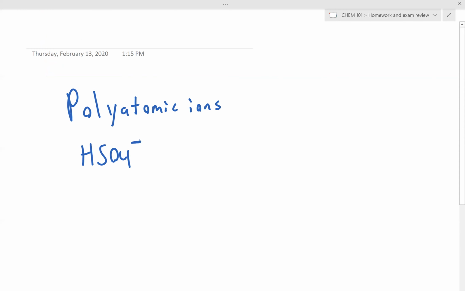So you write hydrogen first, and then you write the name of the polyatomic ion. So in this case, SO4 2- would be sulfate. Exactly. So this is hydrogen sulfate.